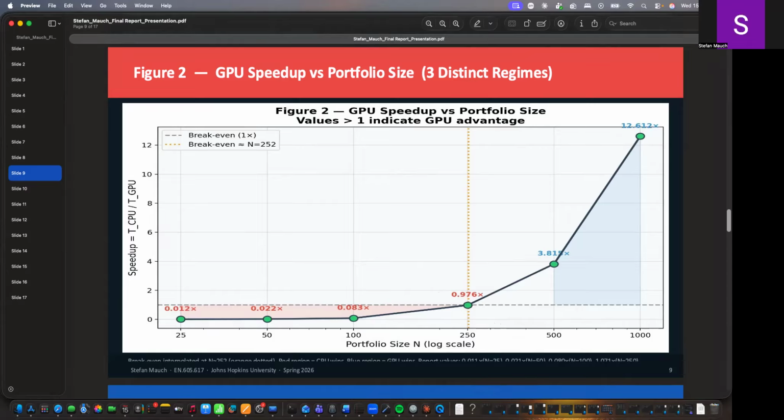Yeah, and I think this is a very practical engineering decision, because if a portfolio manager has fewer than roughly 250 assets, imagine a few clients and then large assets under management, then they use CPU. If it's larger than that, they use GPU. So for a small asset manager, they don't need the computational power.